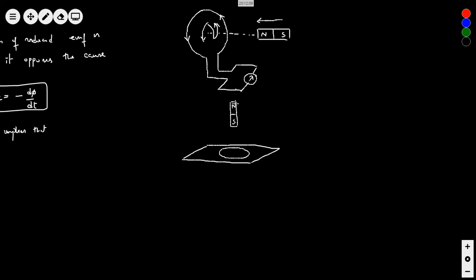The south pole is approaching the coil, which means it will pass through it. Can you give me the direction of the current in the coil? Clockwise or anti-clockwise? Clockwise. That means write an S there. Clockwise. Finished. It prevents the cause producing it. Understood? Yes, sir.